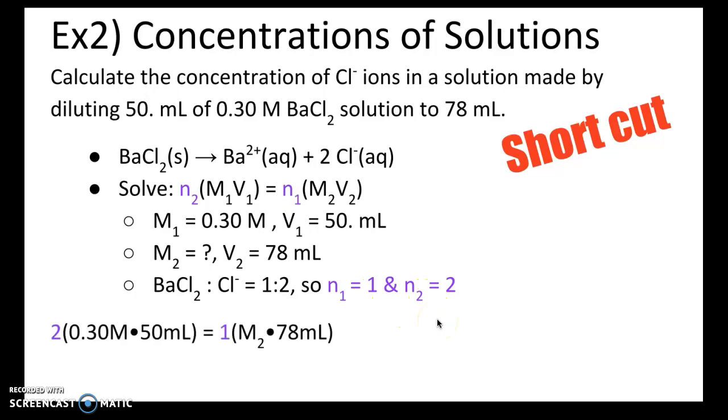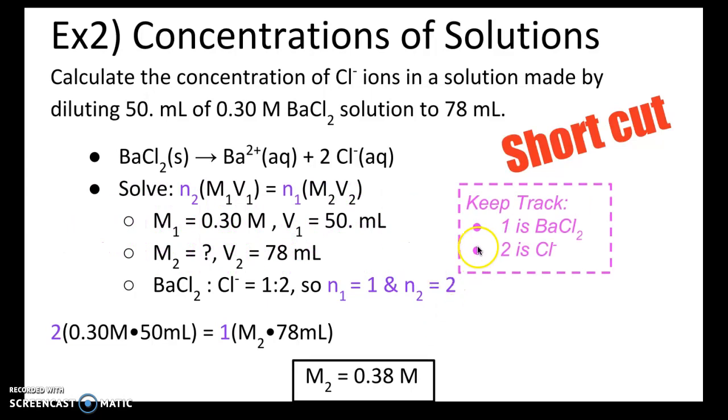And so that's what the N1 and N2 would correspond to. All right, so once I have that, I can just go ahead and plug that into the equation. And I would isolate for my M2 and I get 0.38 molar, which is the same answer I got before. So the main thing here is to make sure you keep track of what everything is. I set the information for substance 1 to be barium chloride. So that means that the molarity and the volume were for my barium chloride solution. That will be my M1 and V1, sort of what I'm starting off with.